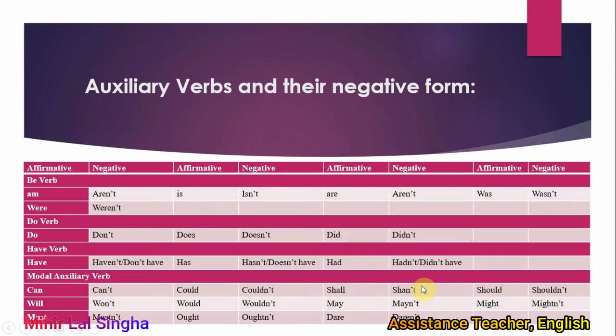So the difference here is am, aren't, shall, shan't, and the rest I'll talk about later. Okay. So the suffix n apostrophe t is used for almost all of the auxiliary verbs to make them negative. Okay.